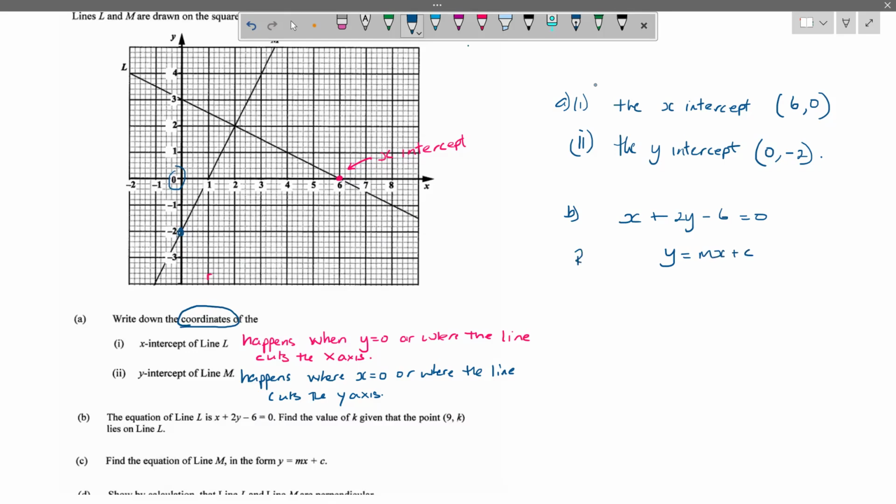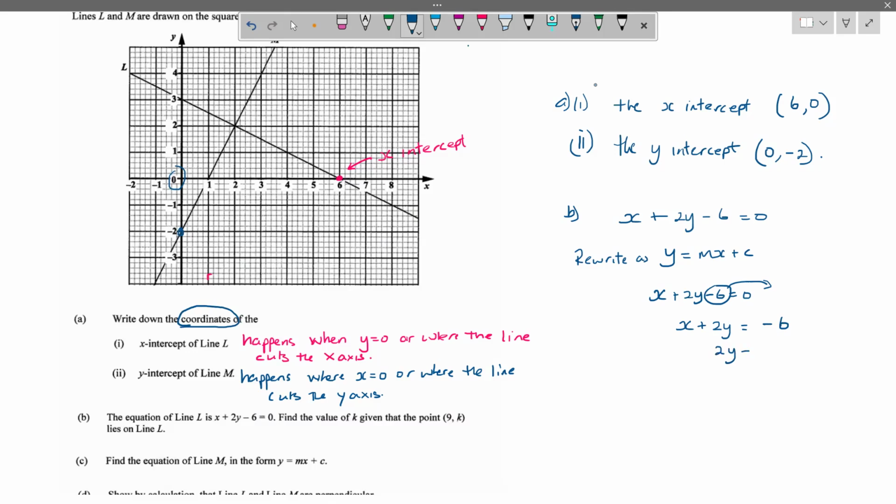So we want to rewrite it as y is equal to mx plus c. In other words, make y the subject. If I start with this, I could move this 6 to begin with. I don't need to rewrite this 0. I could just put a negative 6 in.